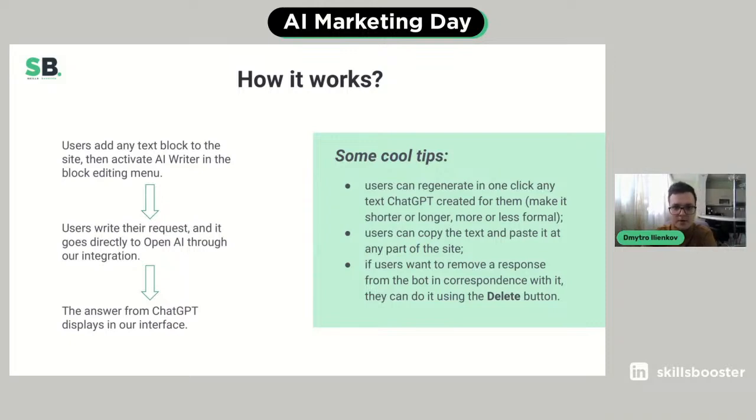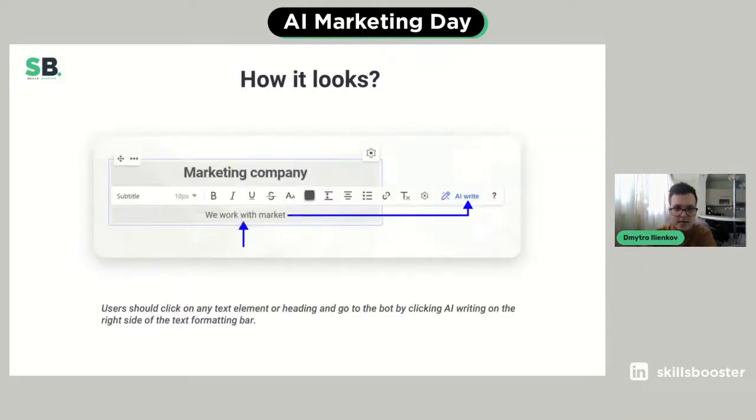Also, users can copy the text and paste it in any part of the site. So you generate a text in a window, and after that you copy it and paste it, for example, as a text on any page or a description of your product. Also, if users want to remove a response, they can delete it. And now you can see the interface. So you click on any text element, and after that, on the right, you can click AI writing.